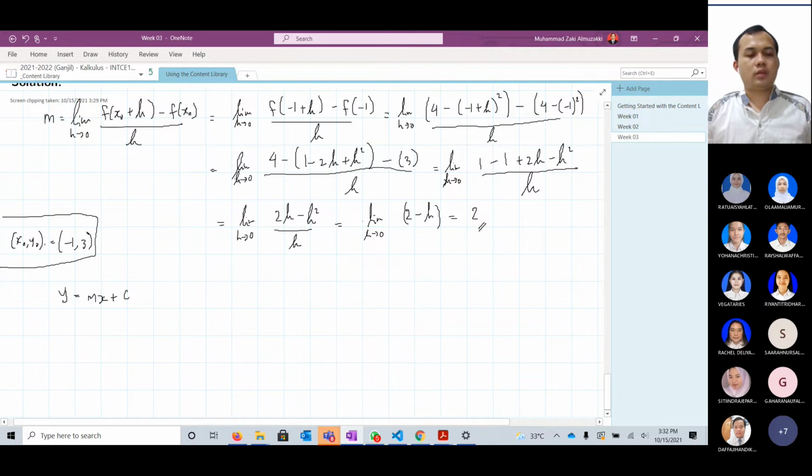And since we have x0, y0 as -1, 3, we can find c like this. c equals y minus mx, which is 3 minus 2 times -1, which is 3 plus 2, which is 5. So the tangent line is y equals 2x plus 5.